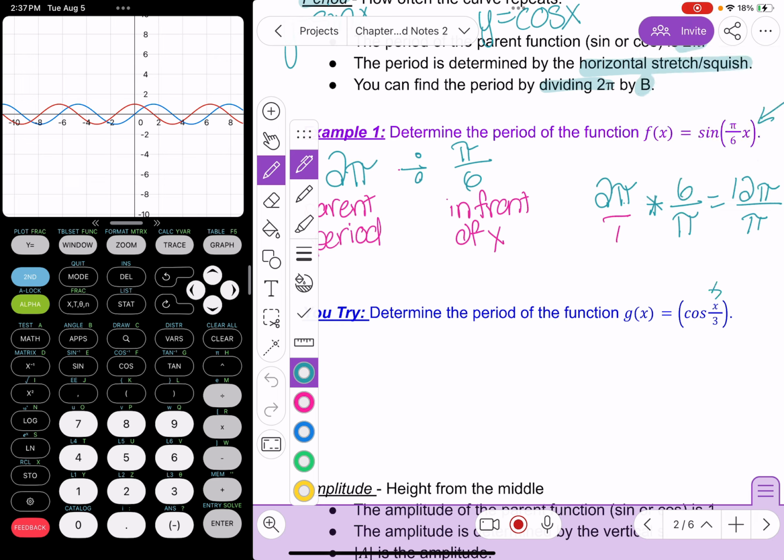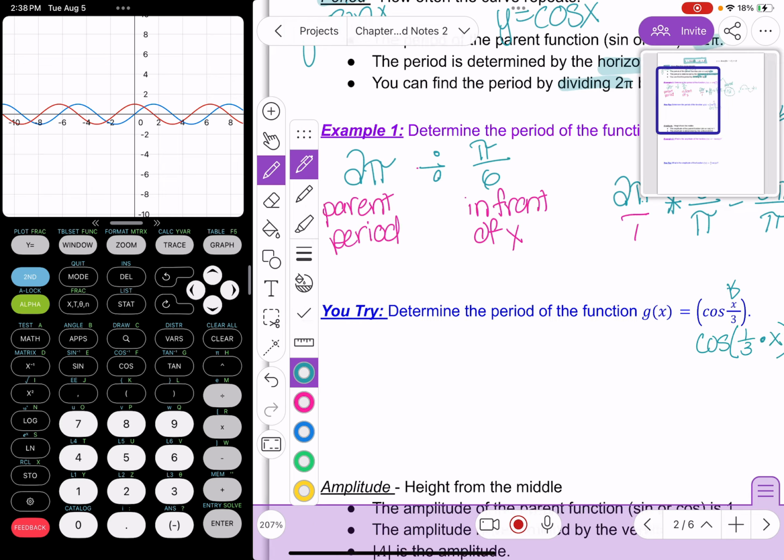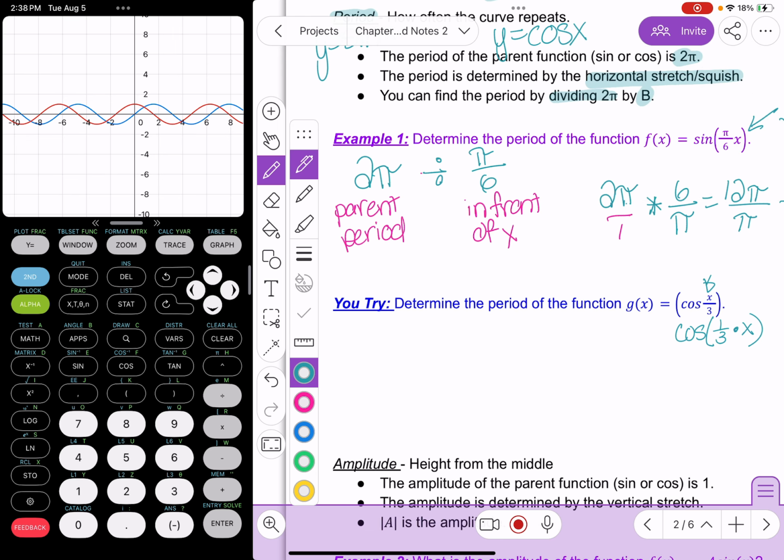If you look at this one, x over 3 is the same as saying 1/3 times x. So now that you know that, pause the video and find the period of this function. So we're going to do 2 pi divided by 1/3, which is the same as saying 2 pi times 3 over 1.